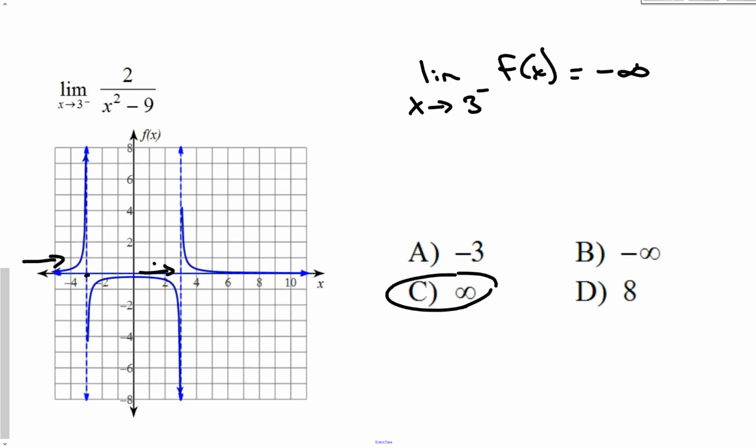And the limit as x approaches infinity is going to be 0, and as x approaches negative infinity is going to be 0 as well, because the ends of these graphs are approaching the x-axis. Hopefully you see kind of how limit notation works.